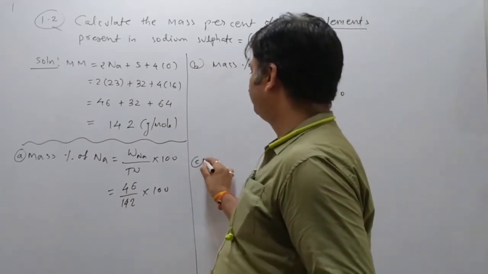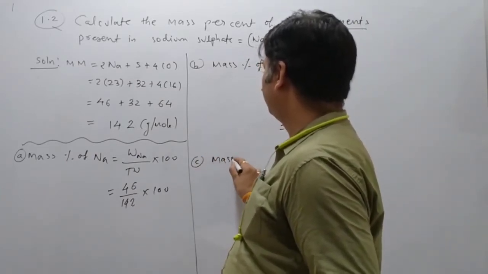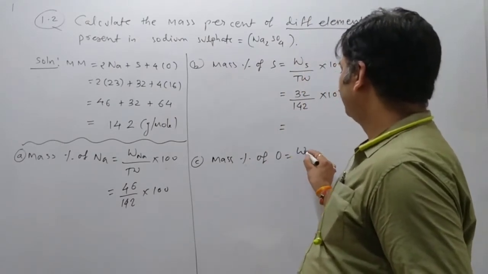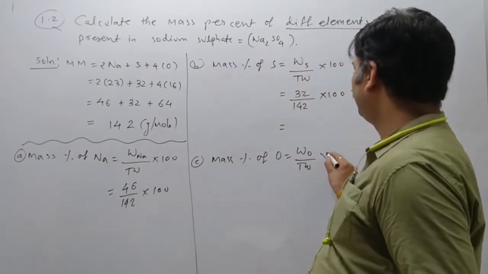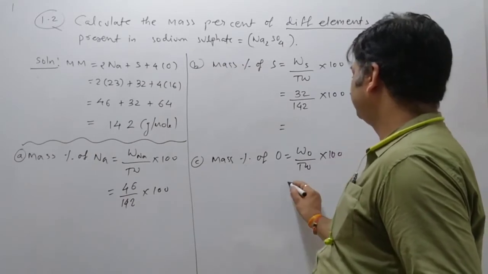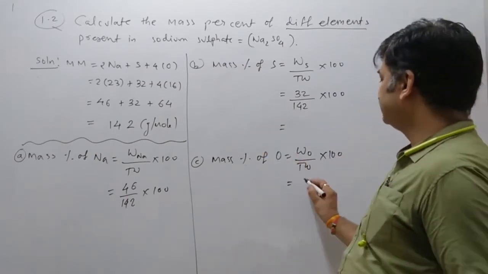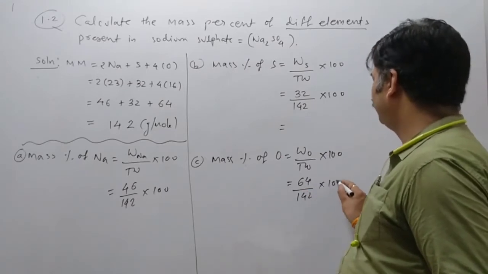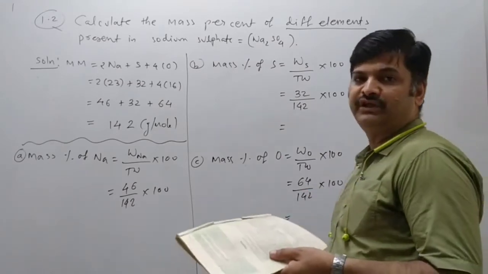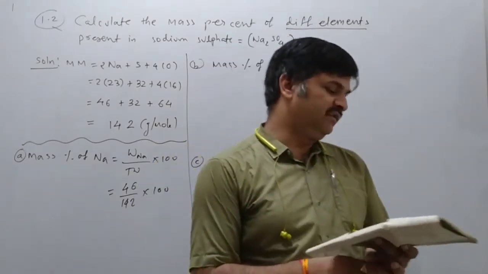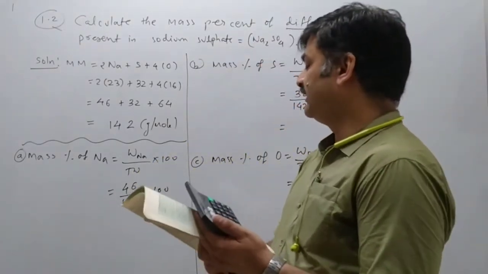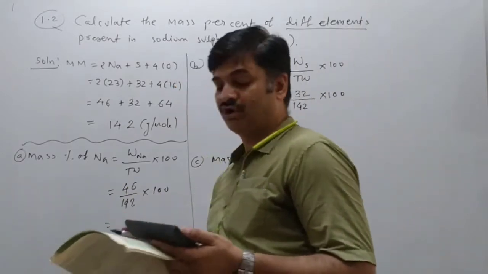Now third one, mass percent of oxygen: the weight of oxygen upon total weight into 100. The weight of oxygen is 64, and then 142, into 100. Now in 11th standard, a calculator is allowed, so you can solve it without making any mistake.